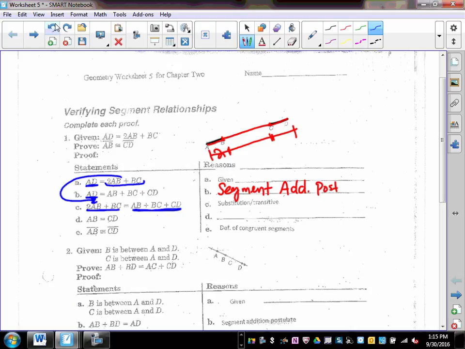What's happening here? Subtraction times 2. What are we subtracting? A bunch of stuff. A bunch of stuff, yes. We subtracted BC, so those end up canceling. And when we subtracted one segment or measure of segment AB, that left us with a single one here. Good. So that is subtraction.